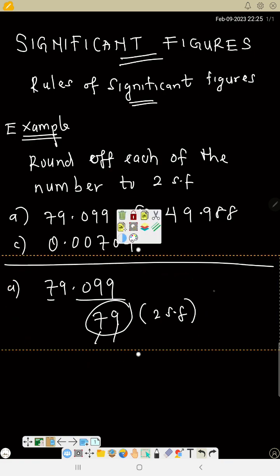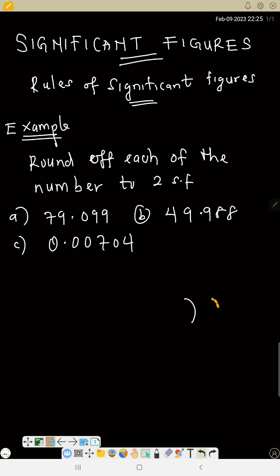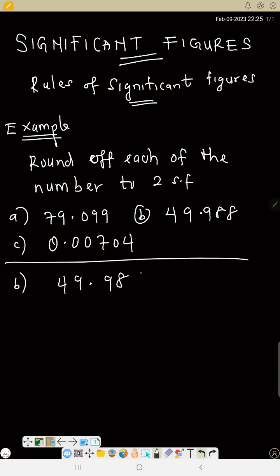So now let's see another one. B, 49.988, two significant figures. Now let me go back to that A, 79.099. You know two significant figures is 1, 2, but after the point the number that follows is 0.